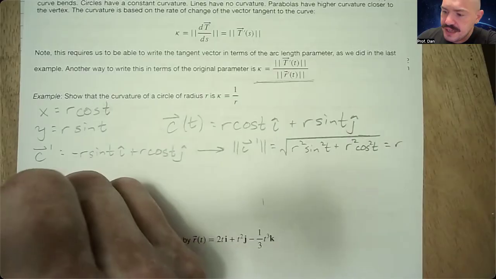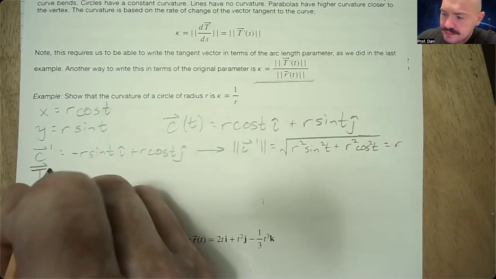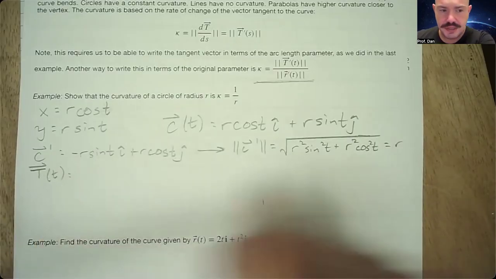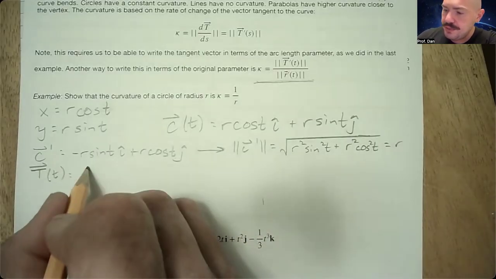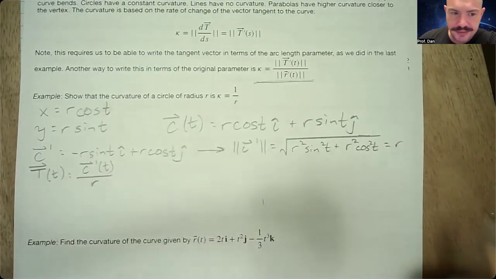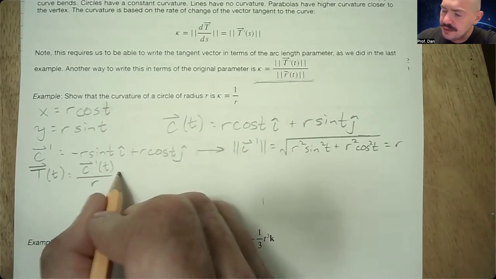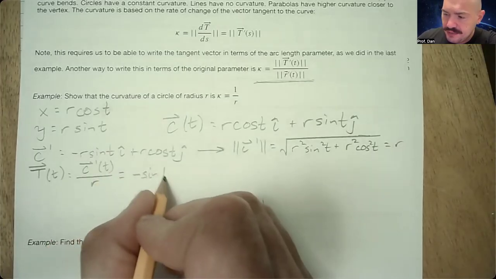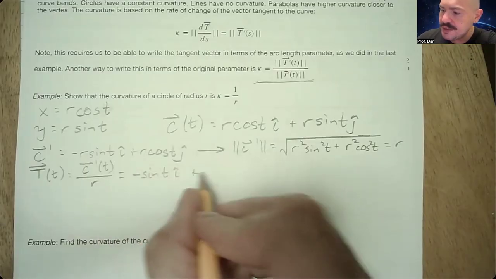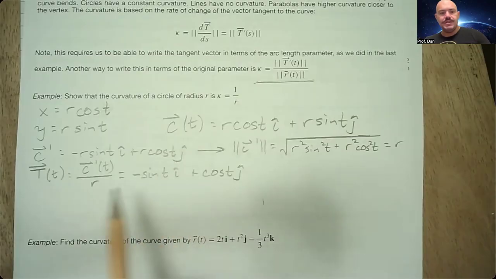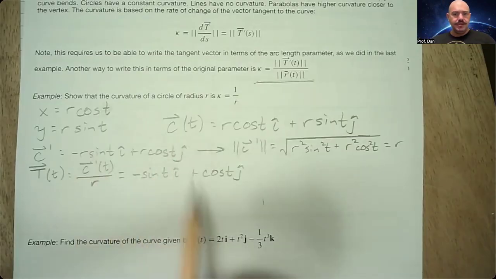So our unit tangent vector as a function of the parameter t is equal to C prime of t divided by r, which is basically going to give us negative sine of t i plus cosine of t j, because when I divide by r, the r's divide out.